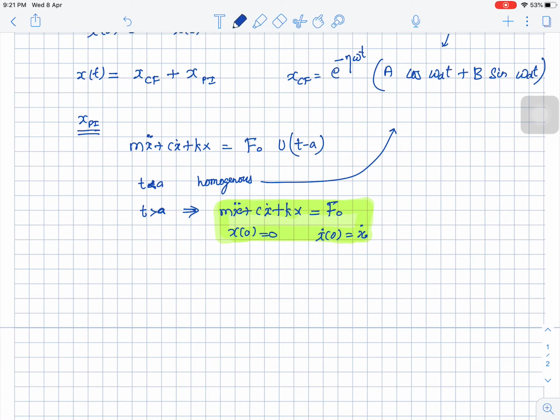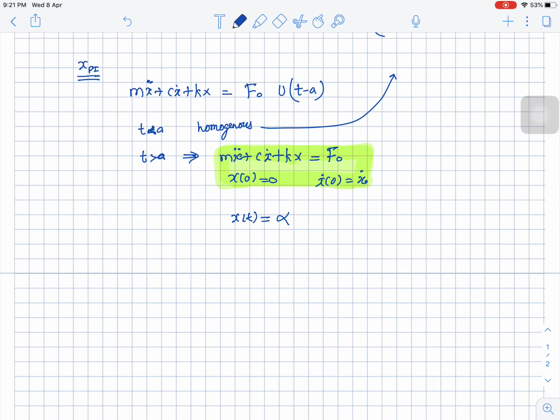Since the forcing is constant, the assumed solution will be a constant alpha. Now I substitute this into the equation. x dot is 0 and x double dot is 0, so m times 0 plus c times 0 plus k alpha equal to f naught, therefore alpha is equal to f naught divided by k.